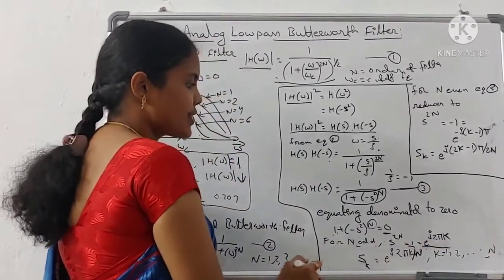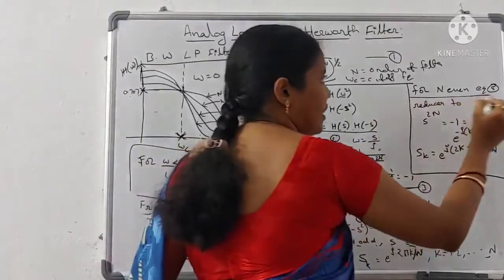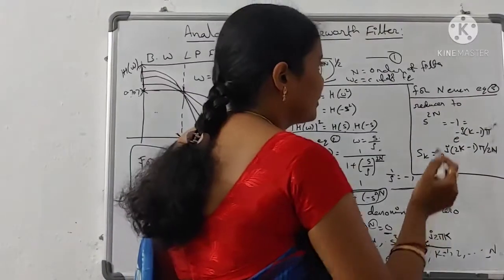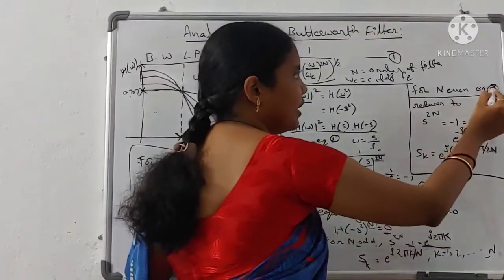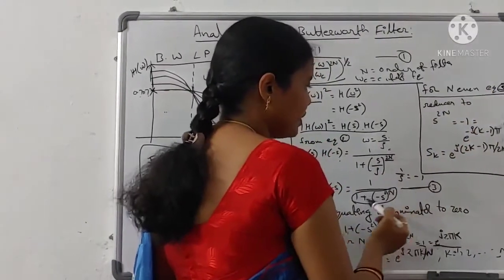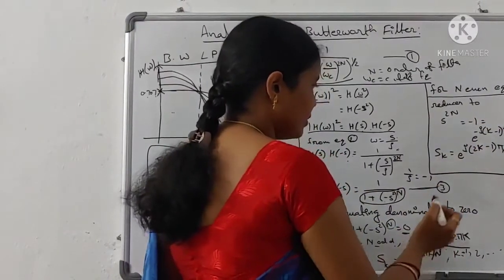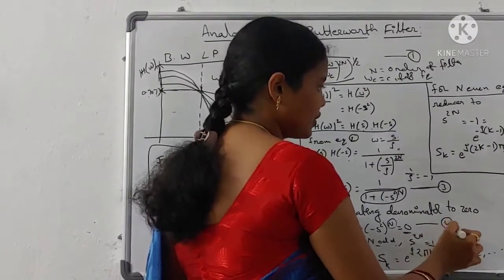In the same way, if n is even, equation 3 reduces to equation 4.